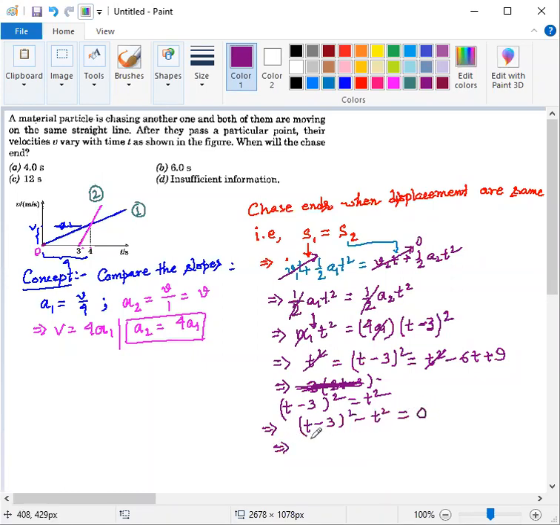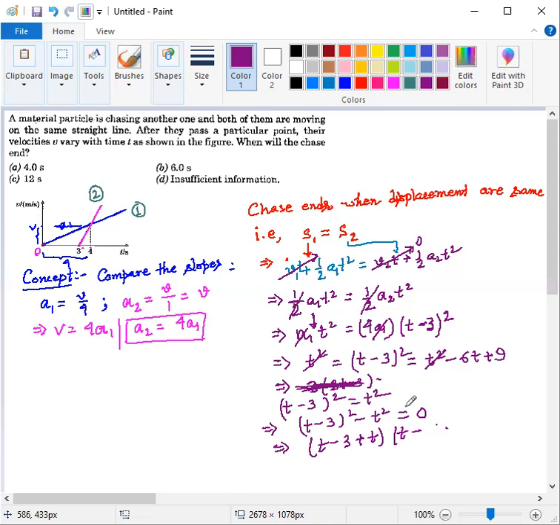Or you can again write (t minus 3 plus t) into (t minus 3 minus t). But one of the t cannot be 0, so this is not our valid way.